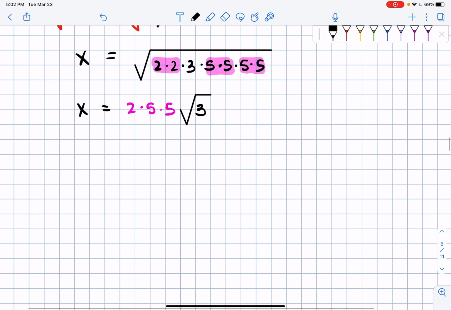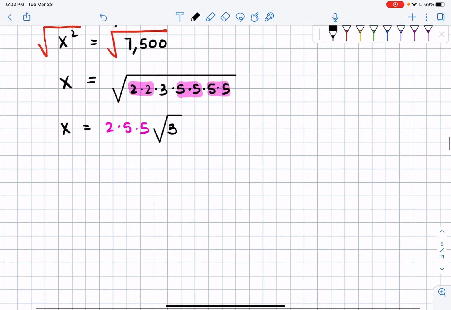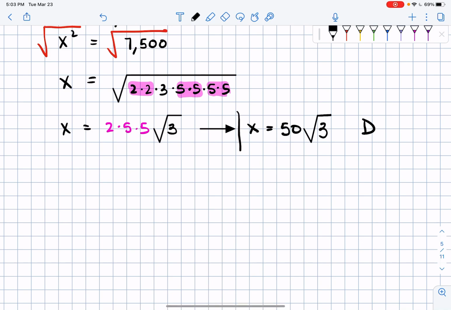So 5 times 5 times 2 is equal to 50 square root of 3. And that is choice D.